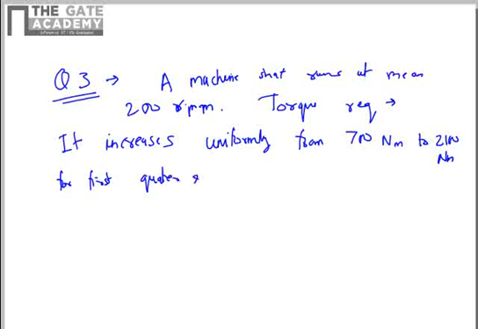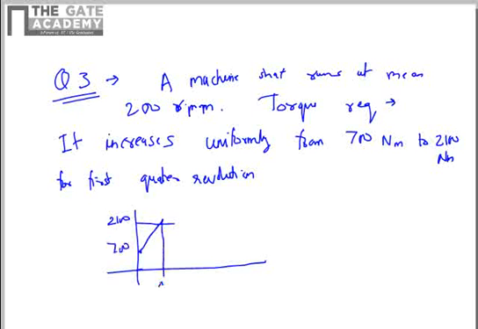Quarter revolution means pi by 4. So from 0 to pi by 4 it uniformly increases from 700 Newton meter to 2100 Newton meter. Let's say this is 2100 and this is 700.